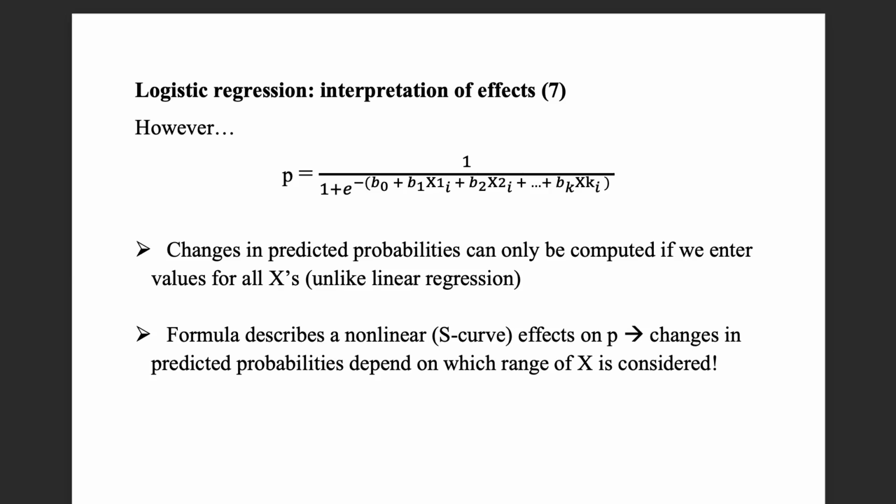If you're at the bottom of the S-curve, so if you're very close to the zero value on the dependent variable, then the increase in predicted probability with an increase in x is going to be fairly small. If you are close to predicted probabilities that are around 0.5, then x is going to have a very big effect on the change in predicted probabilities.